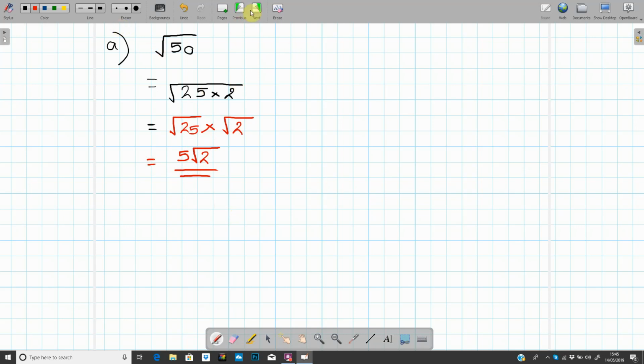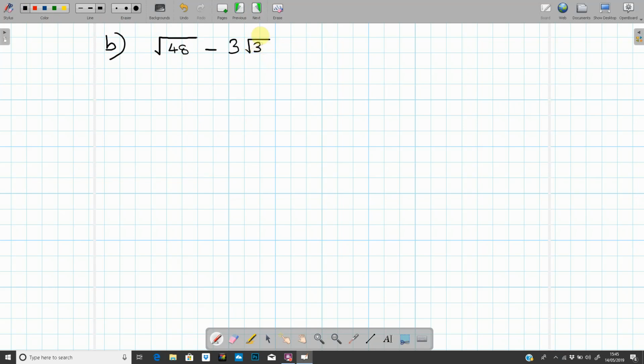So if we have a look at part B, which is slightly more involved but works on the same idea as question A. So we have the square root of 48 minus 3 root 3.